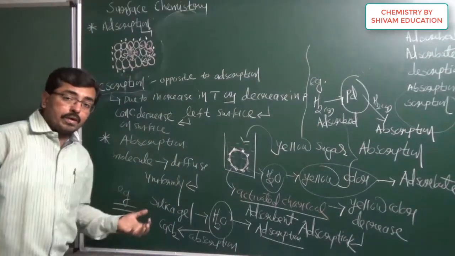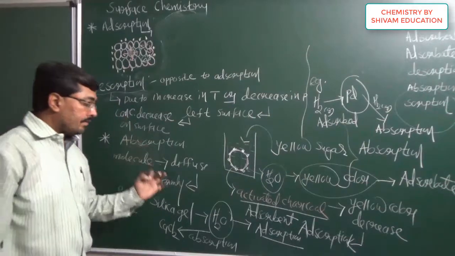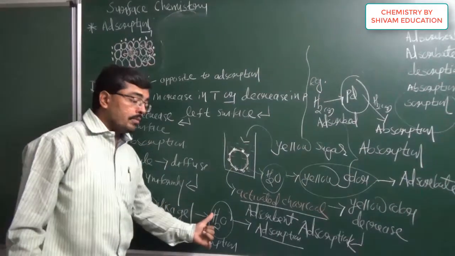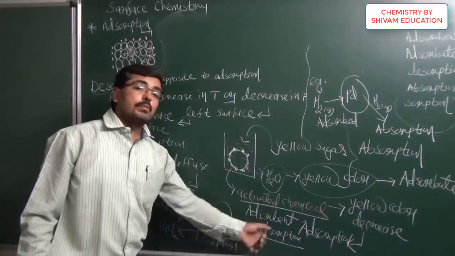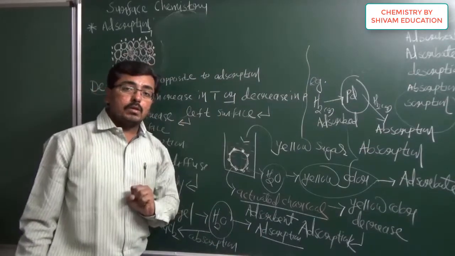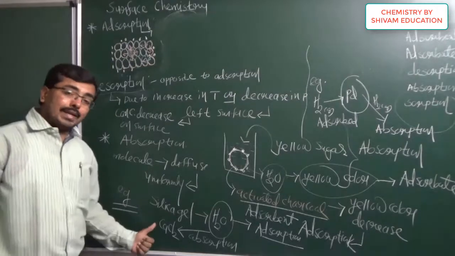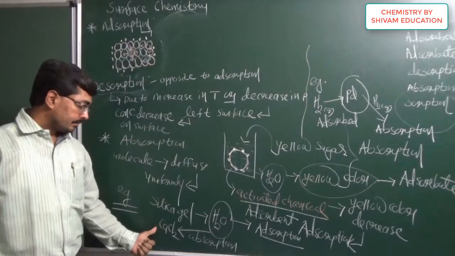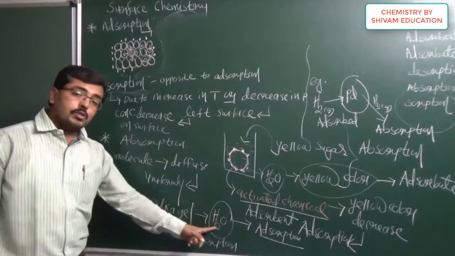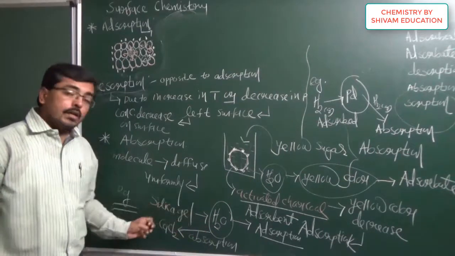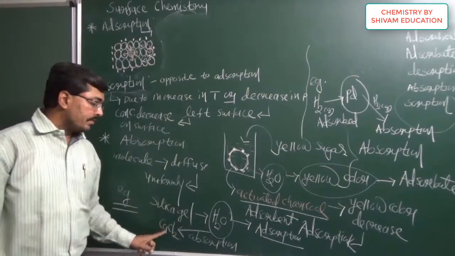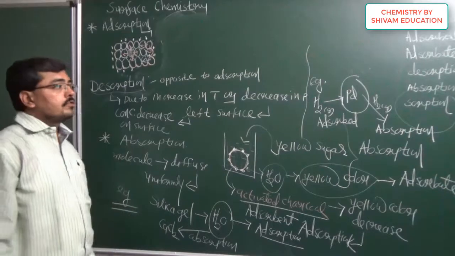So we have two different examples. On the surface of silica gel, water molecules will adsorb, means adsorption occurs. Its concentration will be maximum on the surface. But when we have taken calcium chloride, then these moisture molecules spread thoroughly, uniformly. Then such a phenomenon is considered as absorption.